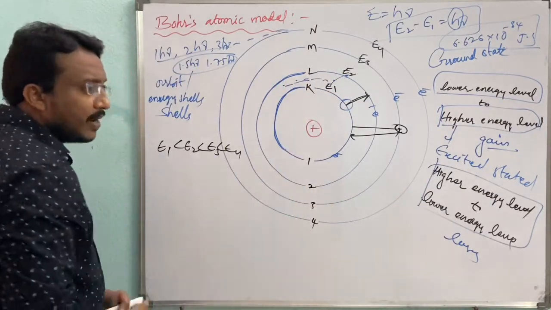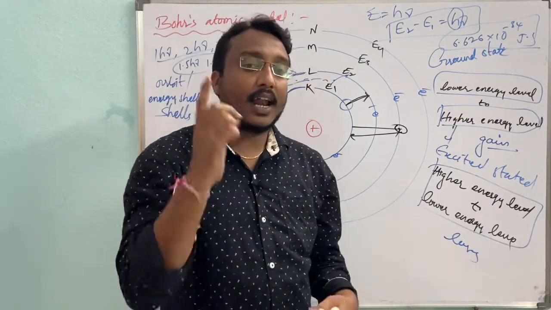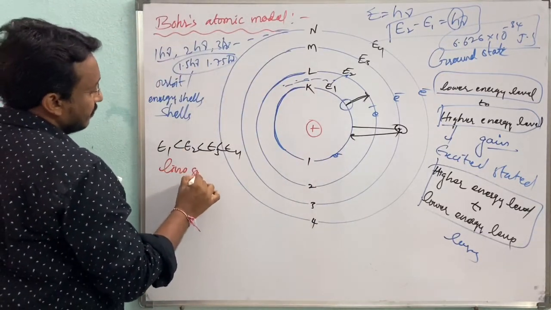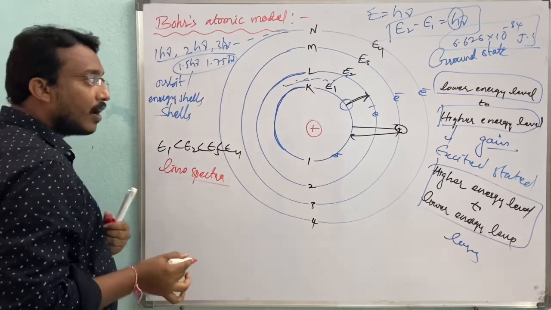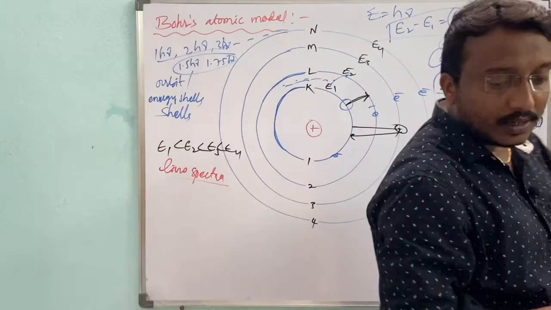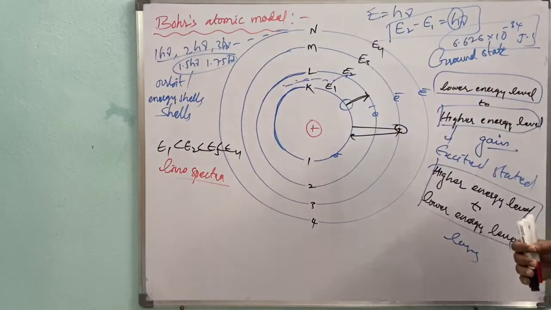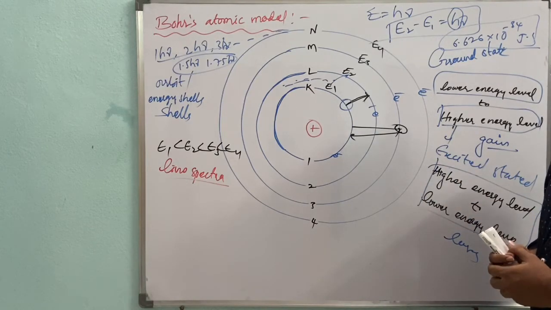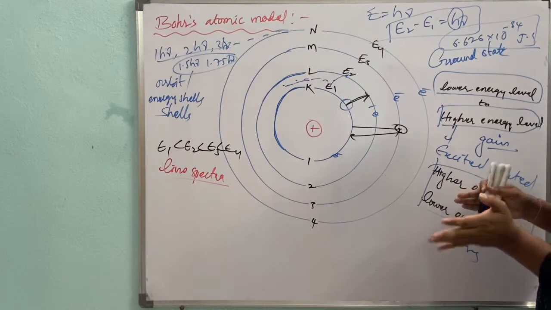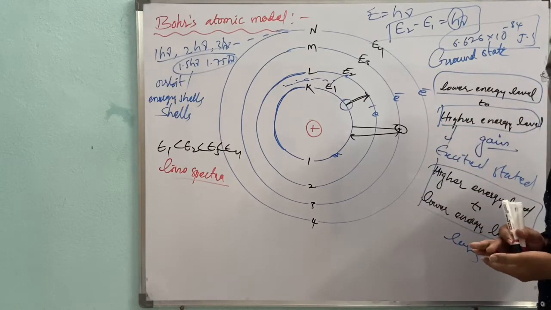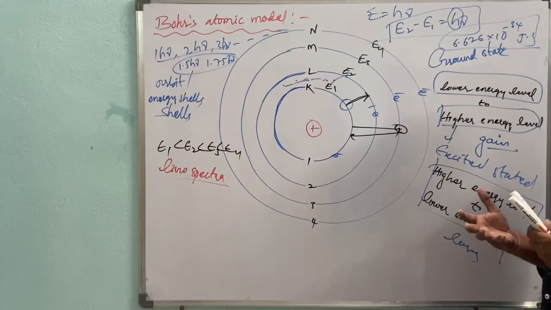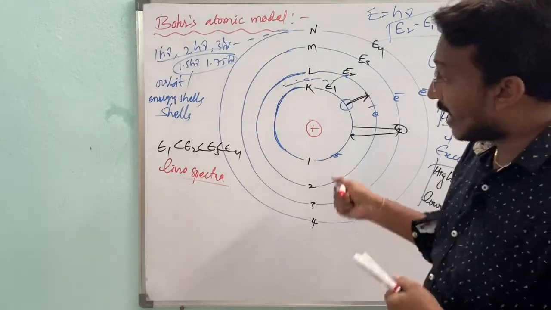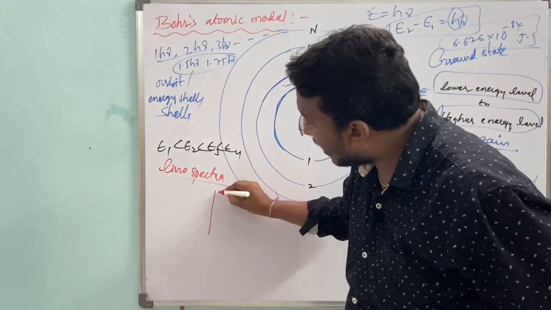He successfully explained the hydrogen atom's line spectra. But Bohr's atomic model also has one drawback. The drawback is that he explained the line spectra of a hydrogen atom successfully, but when observed with a high resolution spectrum, it gives fine spectra.